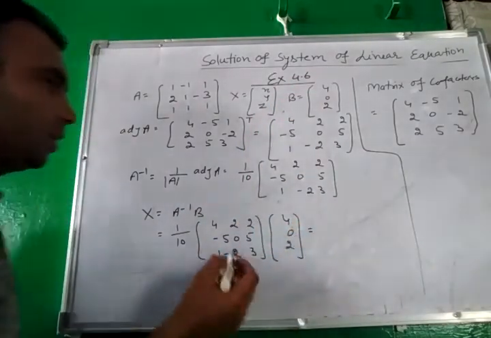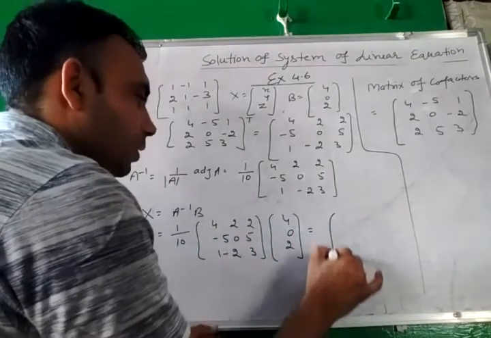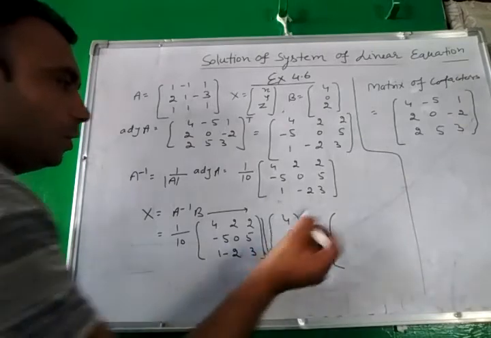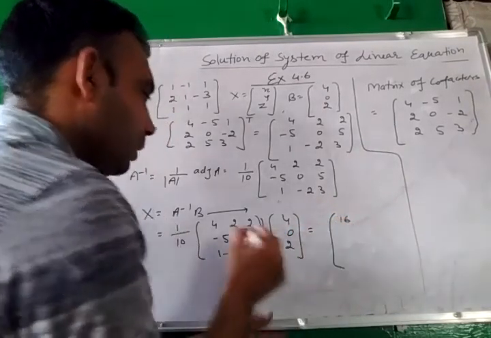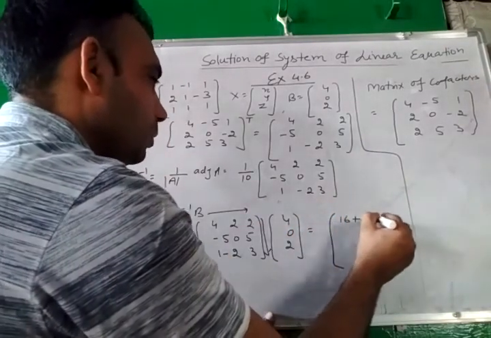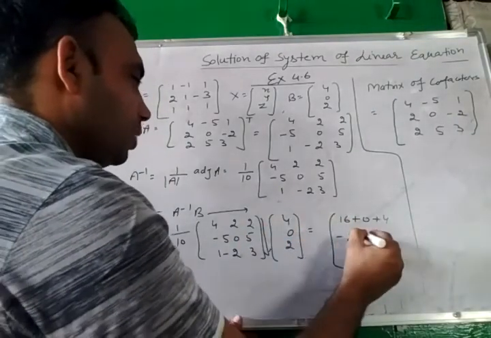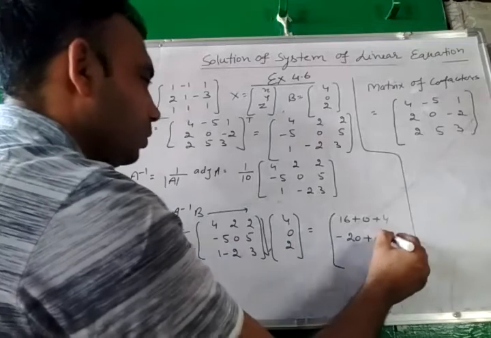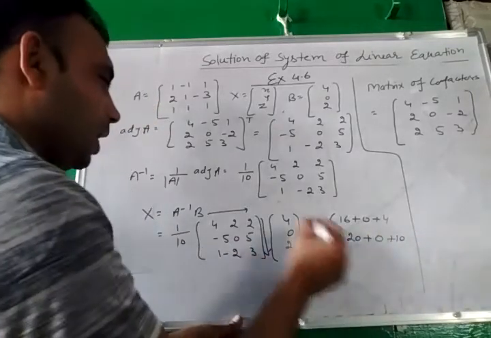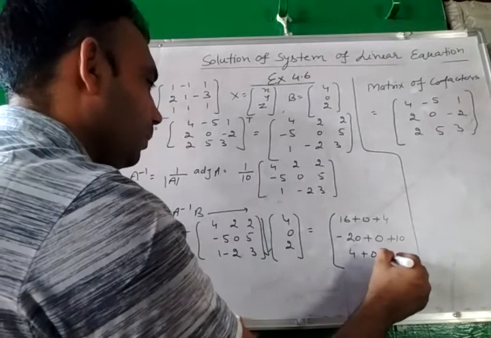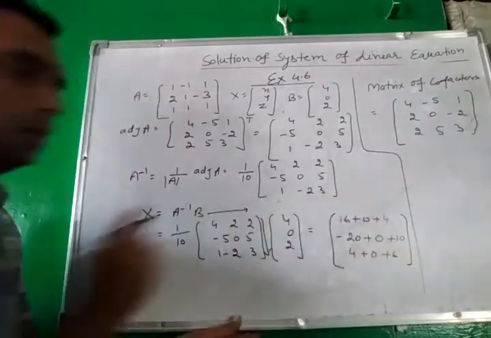Now by matrix multiplication, what do we get? This row and this column: 4 times 4 is 16, plus 2 times 0 is 0, plus 2 times 2 is 4. Again minus 5 times 4 is minus 20, plus 0, plus 10. 4 plus 0 and plus 6.